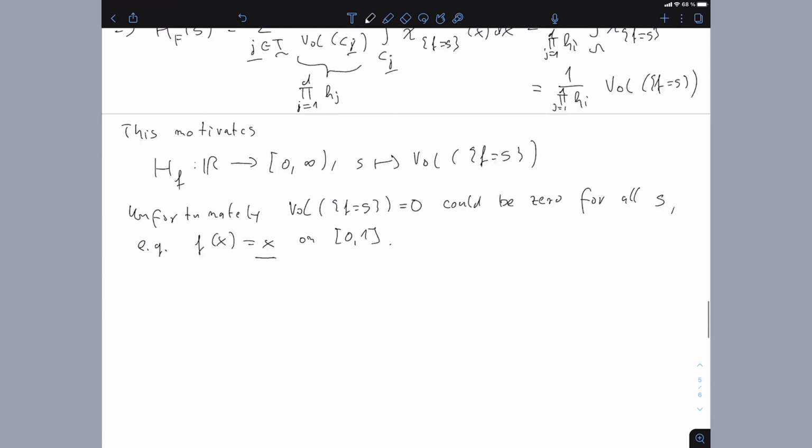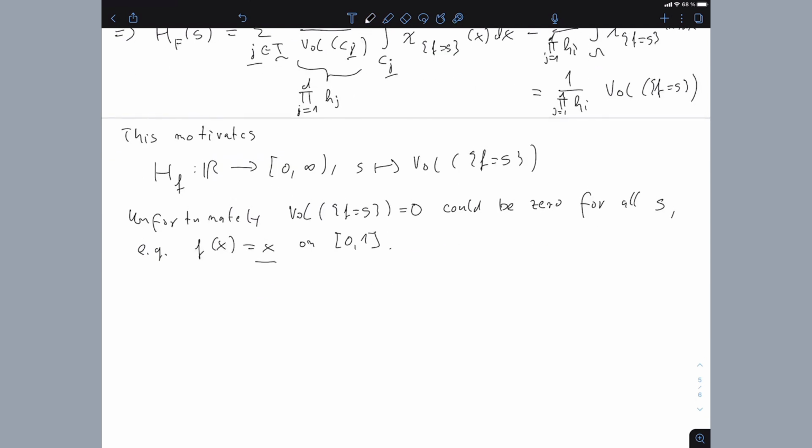So let me specify that. We take exactly this idea here, but we make our input values more general.